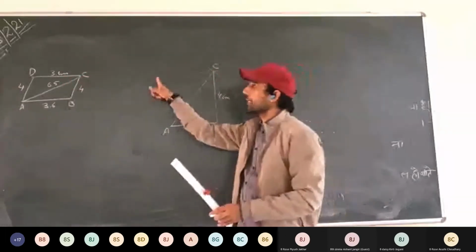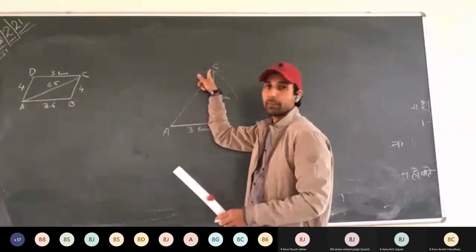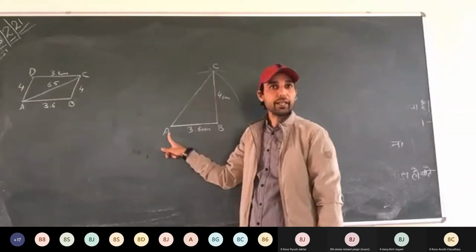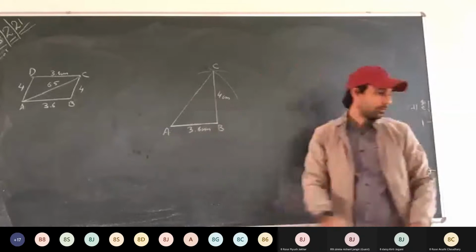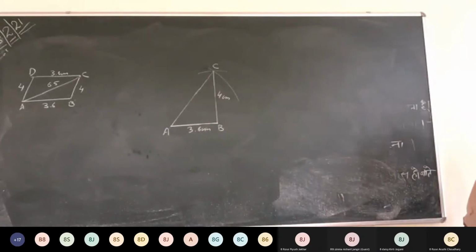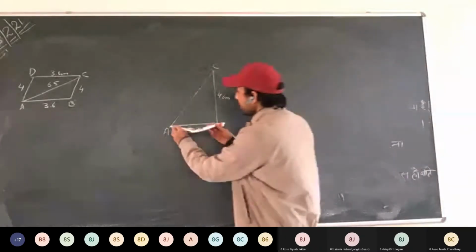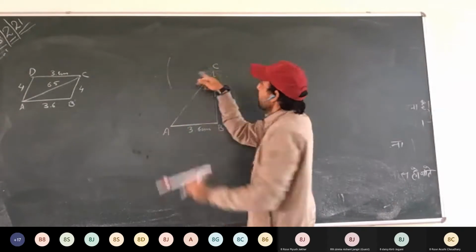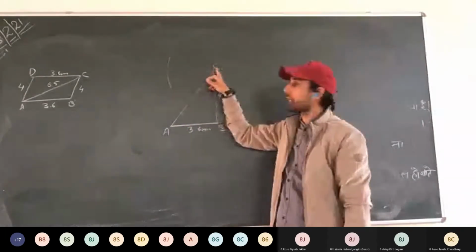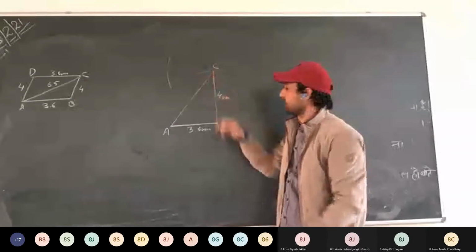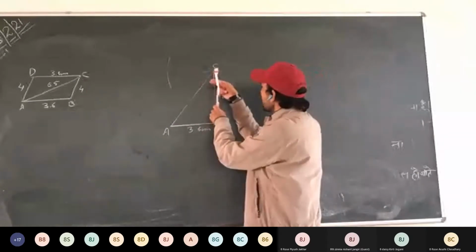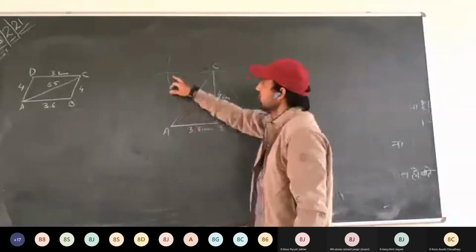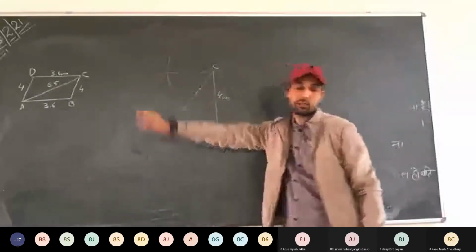So we'll draw a point here such that it is 3.6 centimeters away from C and 4 centimeters away from A. So again take 3.6, make an arc. Every point on this arc is 3.6 centimeters away from C. Take 4 centimeters and make an arc. So we have got D.